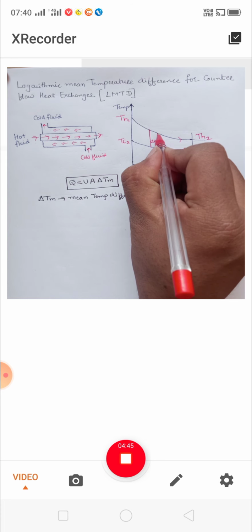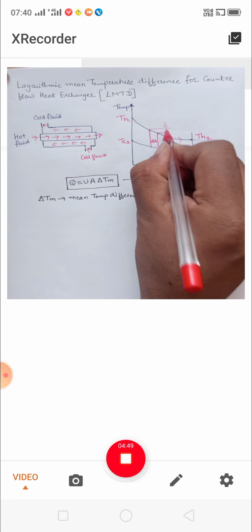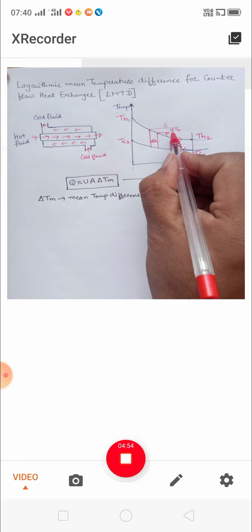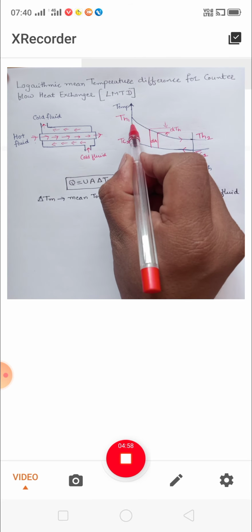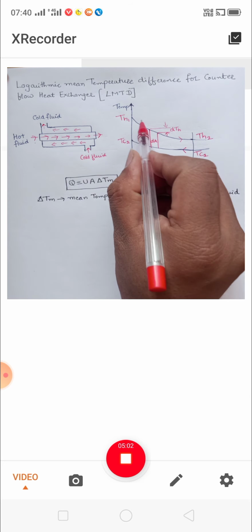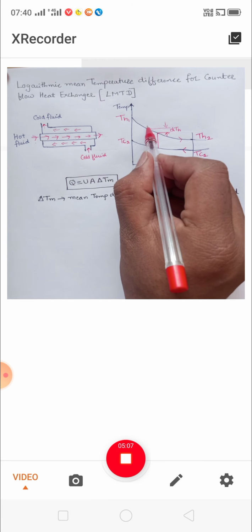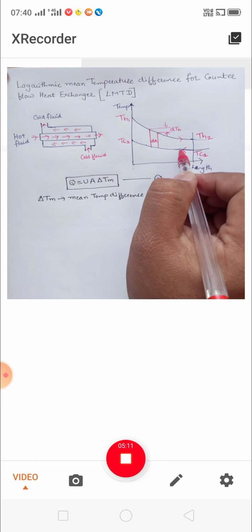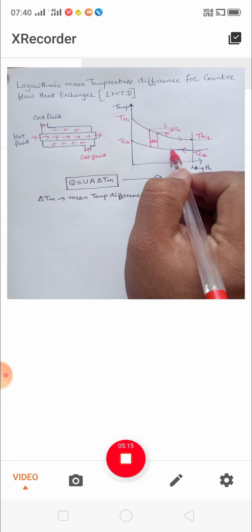So if we note down the temperatures here, let me write dTH, that means the difference in temperatures of the hot fluid. Already I have told you, when the hot fluid is moving along the length of the heat exchanger, its temperature goes on decreasing, because this hot fluid is giving up heat to the cold fluid, whereas the cold fluid is receiving heat from this hot fluid.